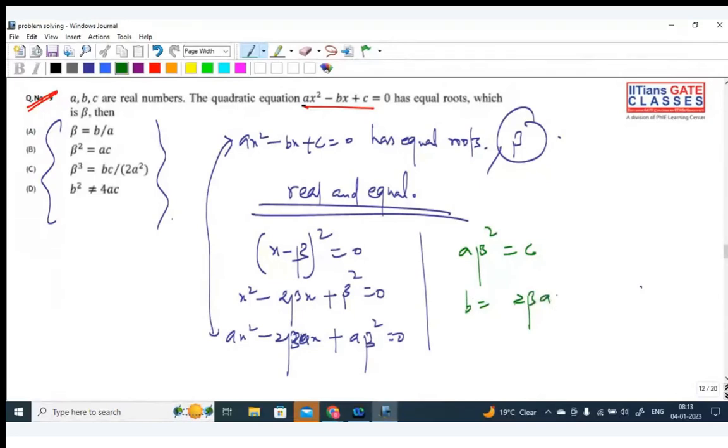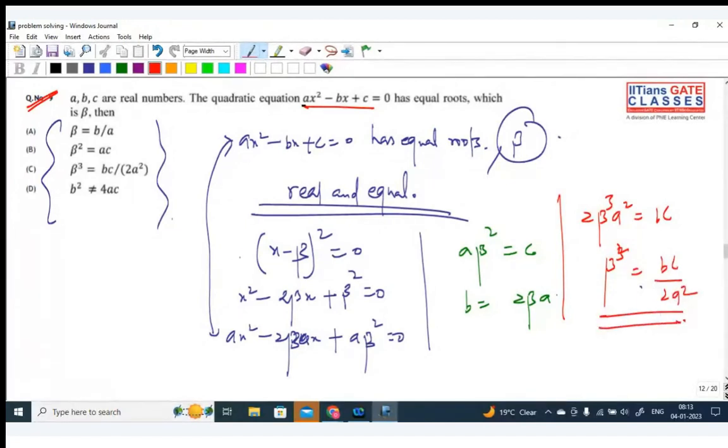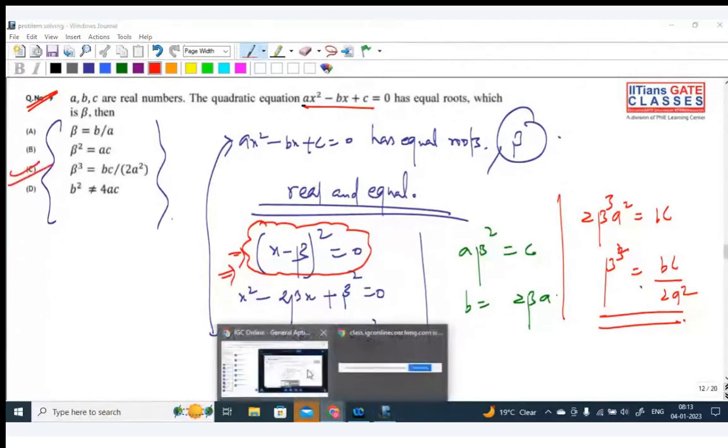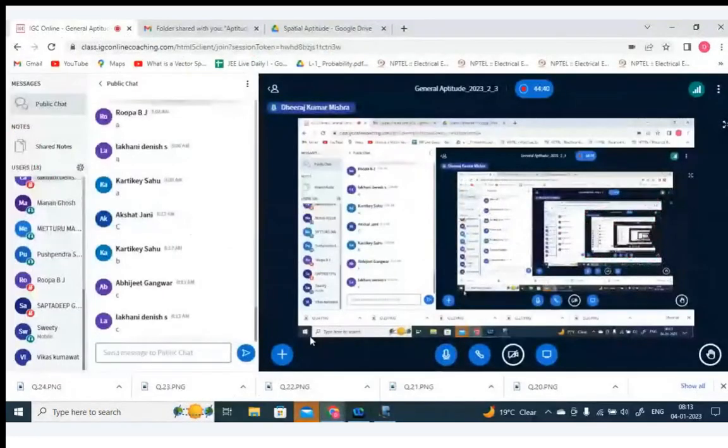Now you can multiply these two equations, so you will get 2 beta cube a square equal to bc. So from here you will get beta cube equal to bc by 2a square. This is what you have to understand. If two roots are same, then you will get this. I believe everybody understood.